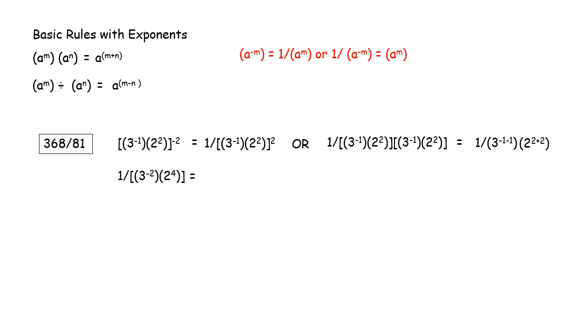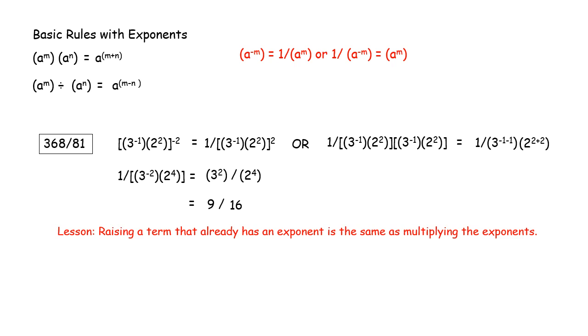If it's in the denominator, it will now be in the numerator, and 2 to the 4th will stay in the denominator. Finally, our last line will read 3 squared is 9, and 2 to the 4th is 16.